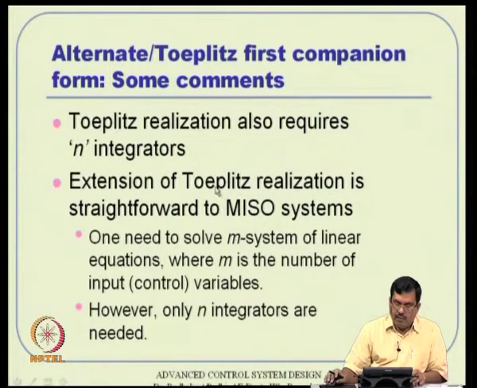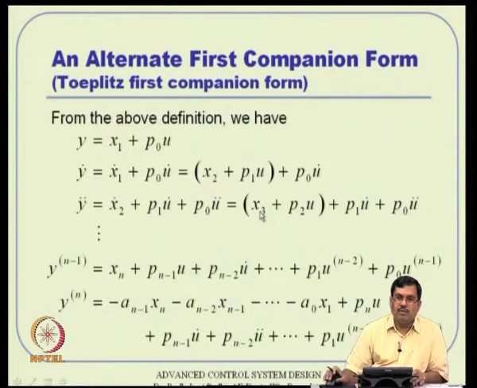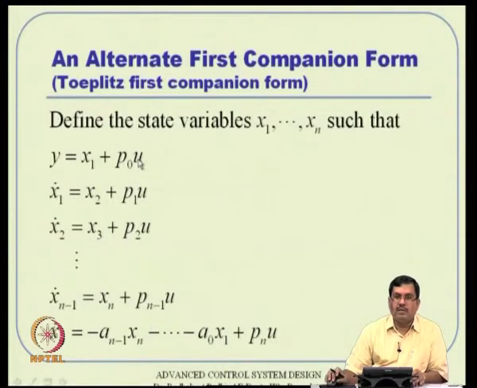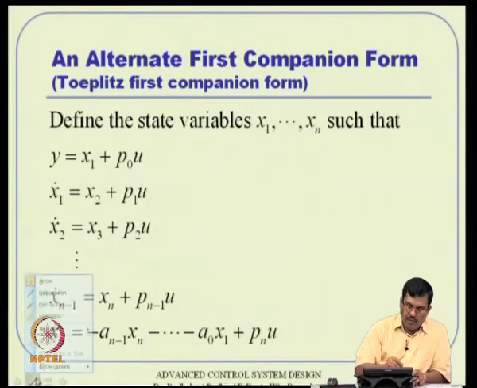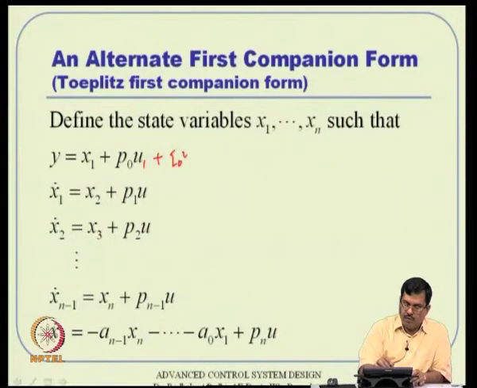Now, why this particular form is kind of interesting is because if you have a MISO system, that is, multiple input but single output system, then the extension is fairly straightforward, because you can always go back to this form of definition. So, you start writing another set of equations. Let us say, for example, I can always write this as P0 U1 plus Q0 U2.